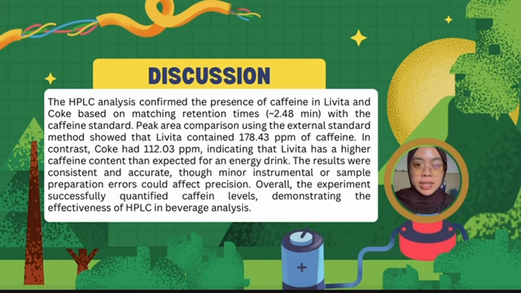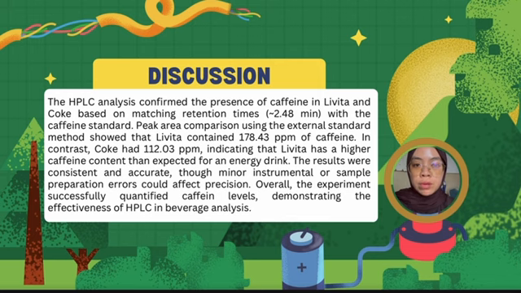The HPLC analysis confirmed the presence of caffeine in Levita and Coke based on matching retention times, approximately 2 minutes and 48 seconds, with the caffeine standard. Peak area comparison using the external standard method showed that Levita contained 178.43 ppm of caffeine.